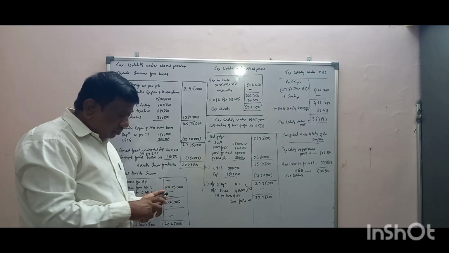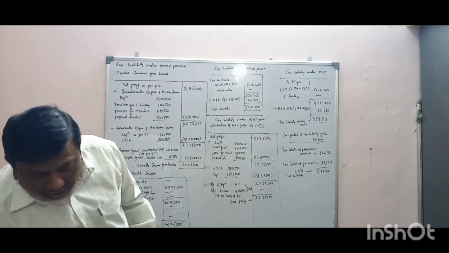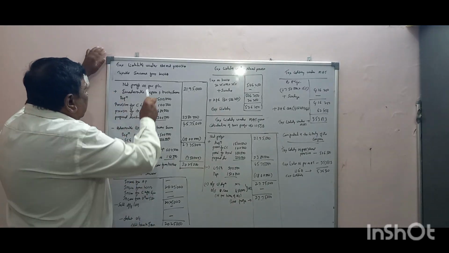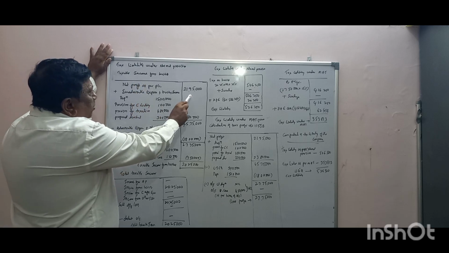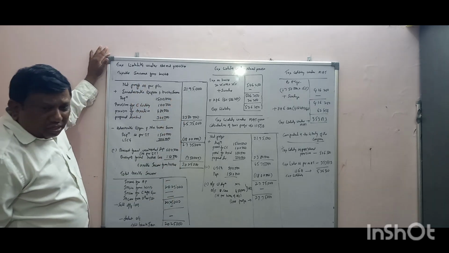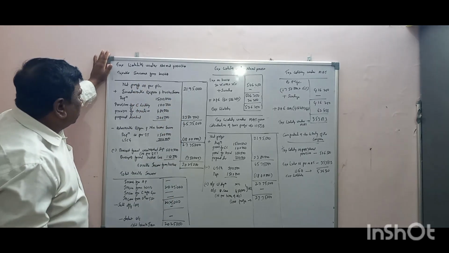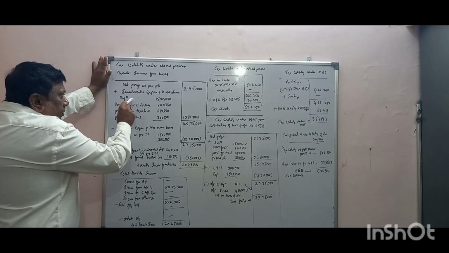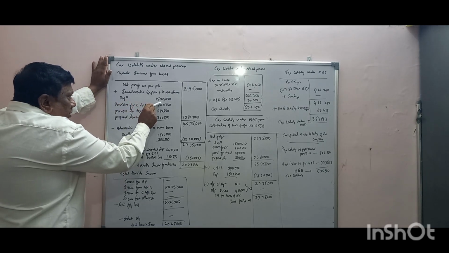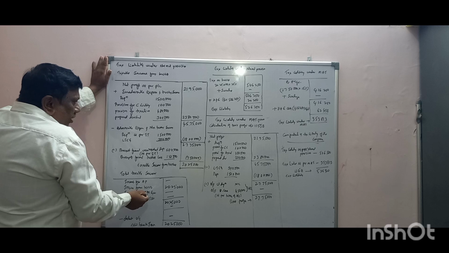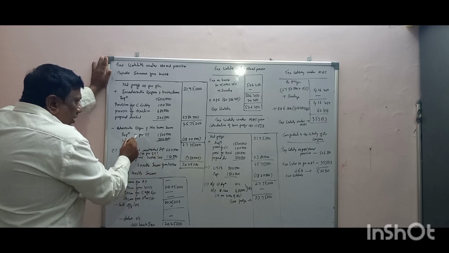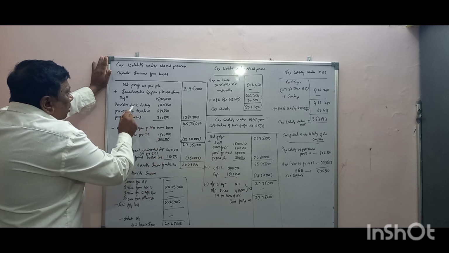Now, I already did some, I'll explain. This is normal provision. Net profit as per profit and loss account, given in the question, is 21,95,000. Depreciation 15 lakh. They are telling us IT is also the same, so I took IT also the same. Depreciation as per IT 15 lakh.